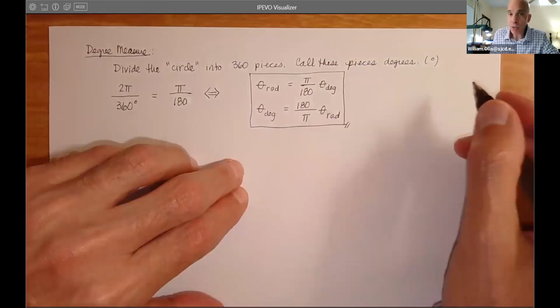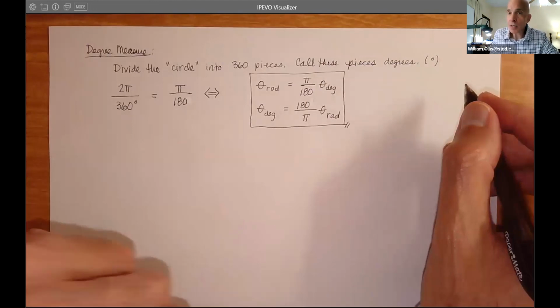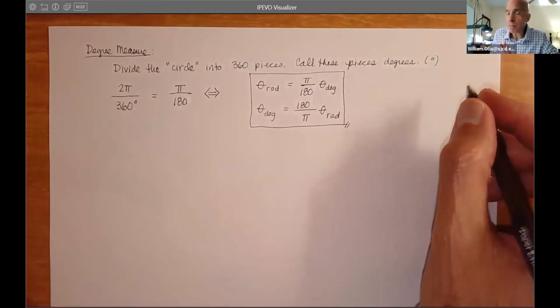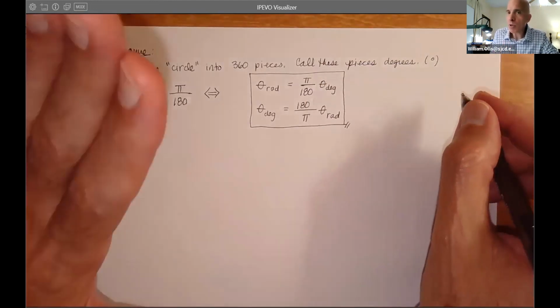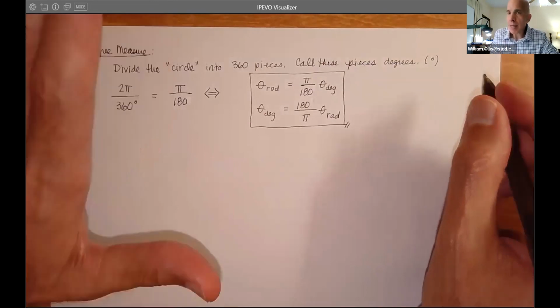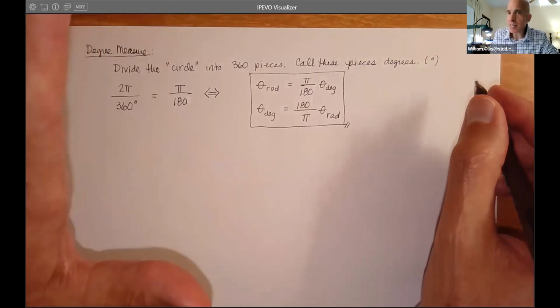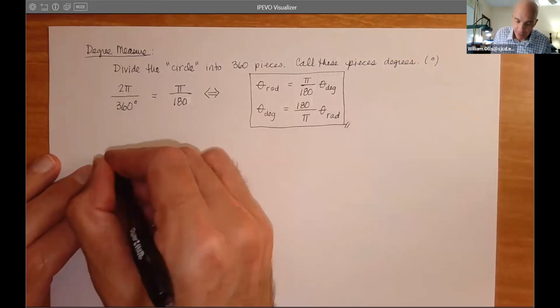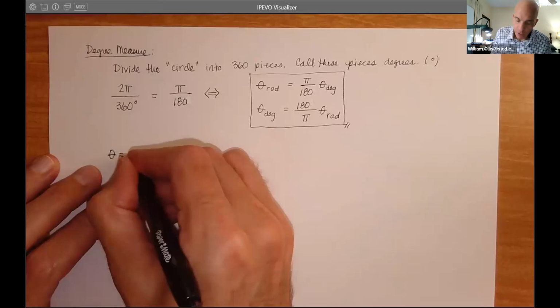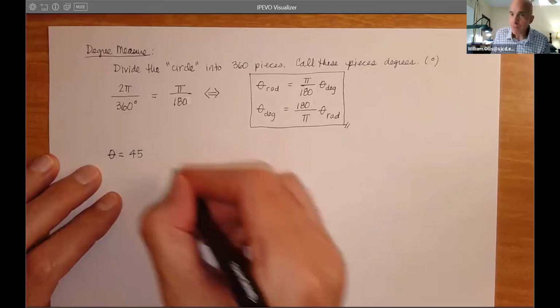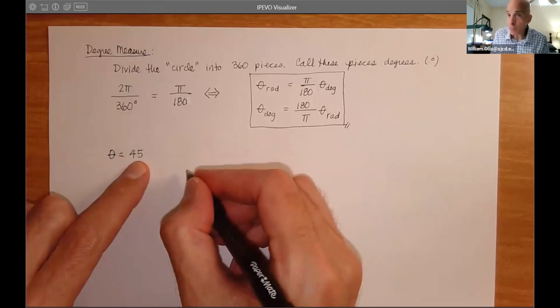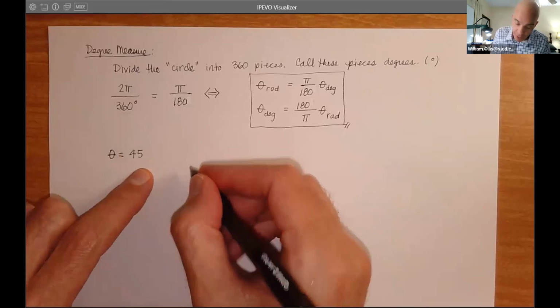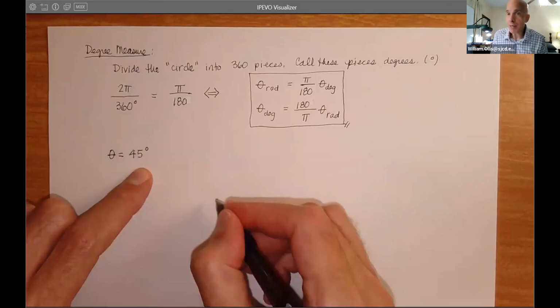I'm not going to write 180 degrees unless, to make things clear, when you're actually given a designation, for instance, someone might say theta equals 45. If they just say 45, that's 45 radians. But if they do this, you know that's degree measure.